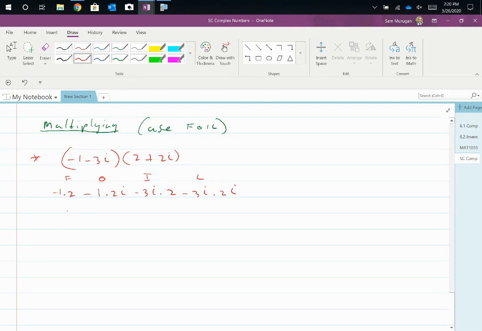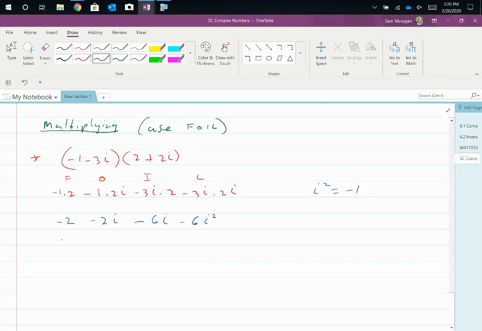So negative 1 times 2 is negative 2. Negative 1 times 2i is negative 2i. 2 times negative 3i is negative 6i. And last we have negative 3 times 2 is negative 6i squared. So i squared is equal to negative 1.